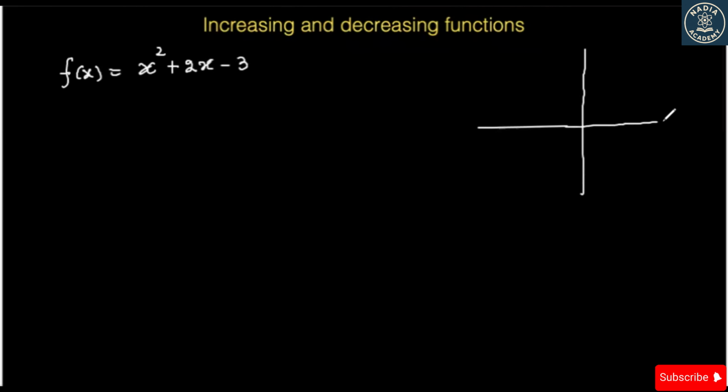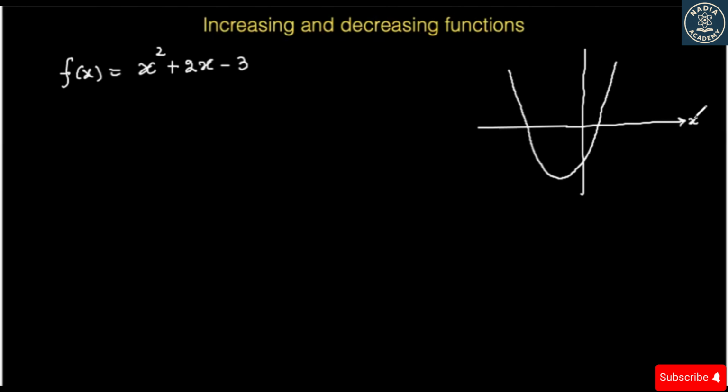Okay, let's consider a quadratic function, f of x is equal to x squared plus 2x minus 3. The graph of this function will look like the following: it is a parabola, a positive parabola, with a y-intercept of minus 3.